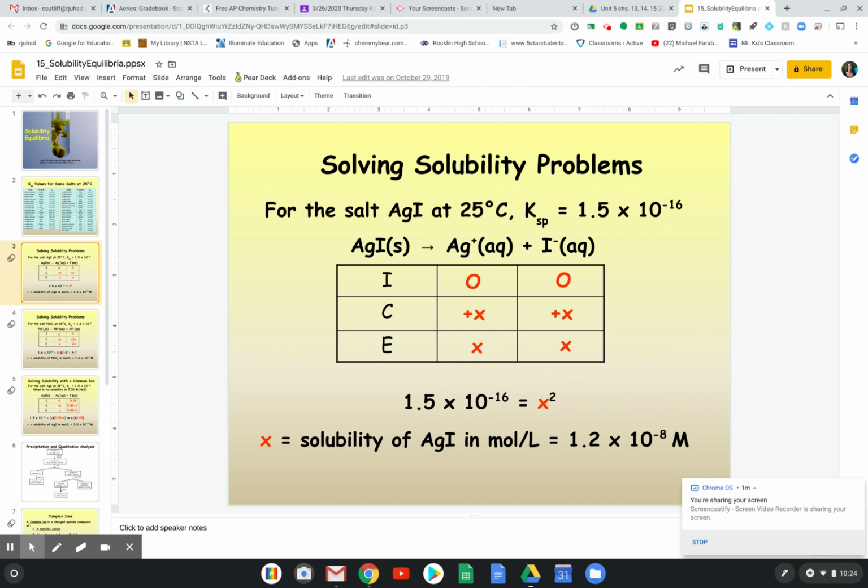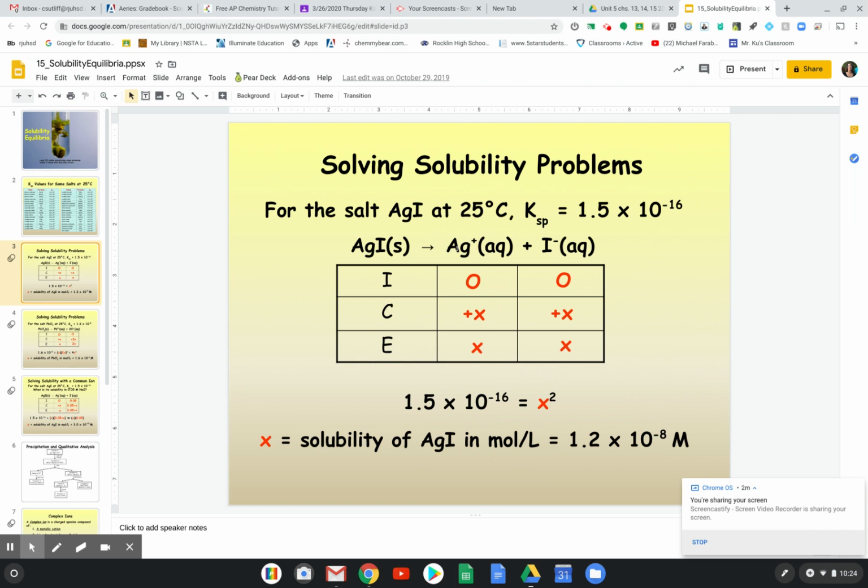But you do write your equation. You write your ions breaking up as your Ag+ aqueous plus the I- aqueous. You build your ICE chart. So in the beginning, you have no silver ion breaking apart and no iodide ion because it does take a while. You know that over time, some of it will break apart.